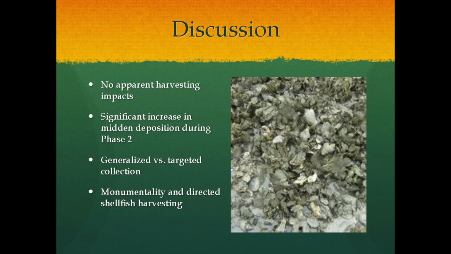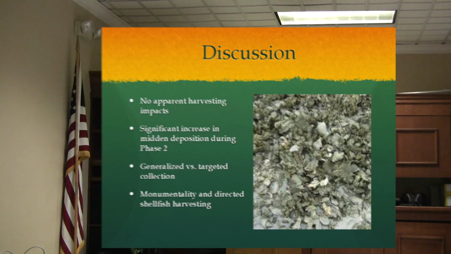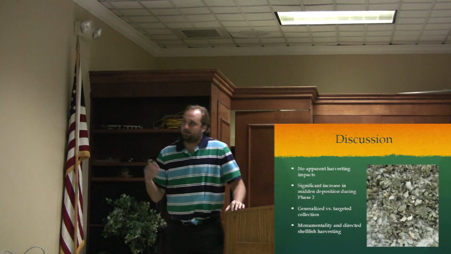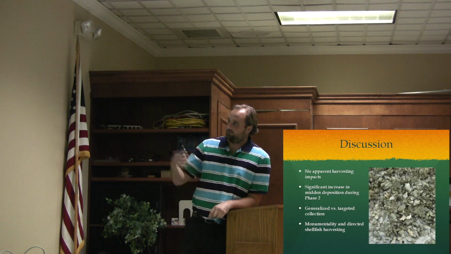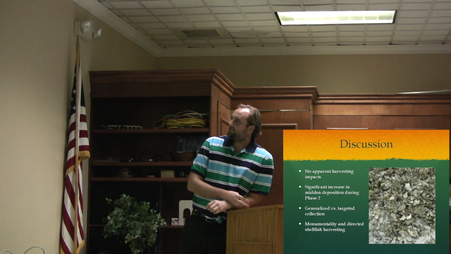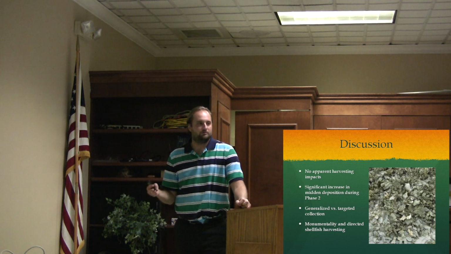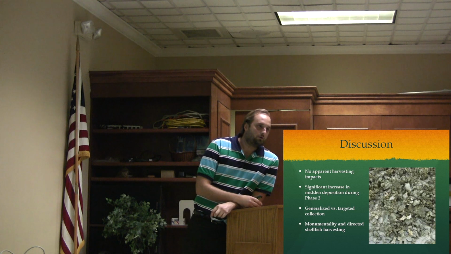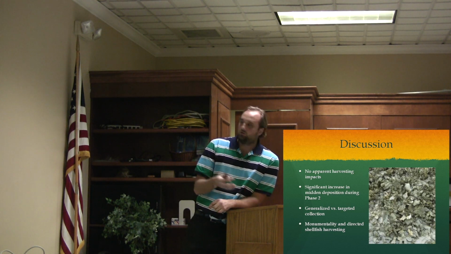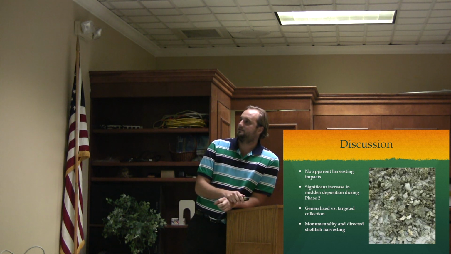is that during phase 2, in a later time period, that's when the monumental architecture is starting to be built, right? That's when these huge shell monuments are being built. So my conclusion, with at least this pattern in the data, is that this is a time period where people started targeting oyster reefs for mound construction, right? So there's generalized collection just to live in phase 1, which is why we see lower size in the crown conch.